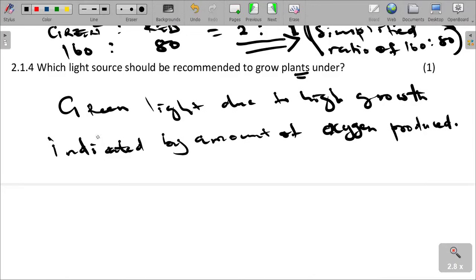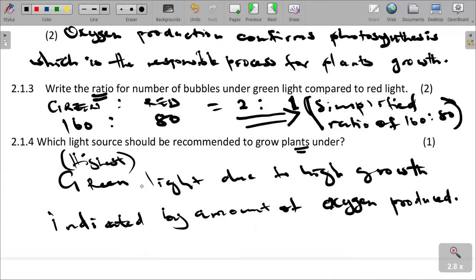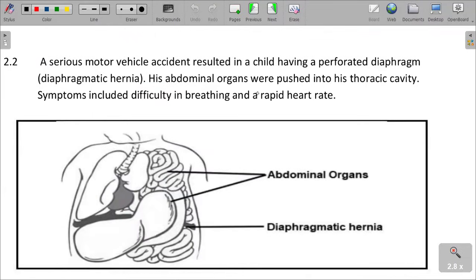It has the highest oxygen content. Oxygen is produced most on the green light. So that is one key thing that we must consider in these kinds of quiz questions.